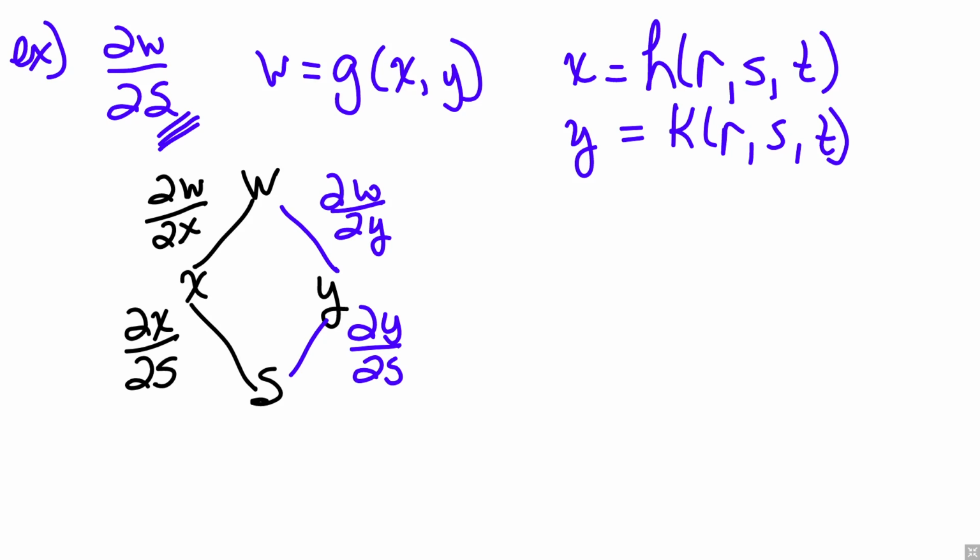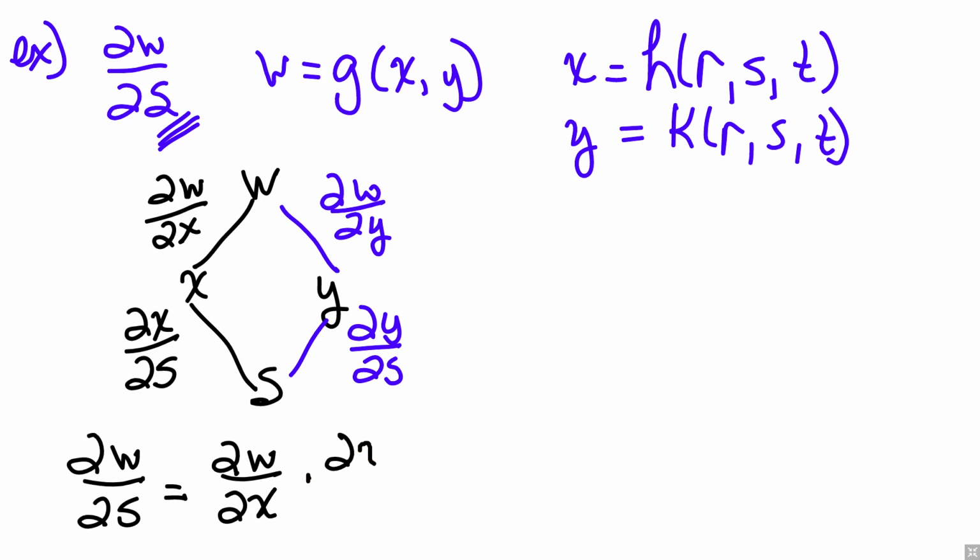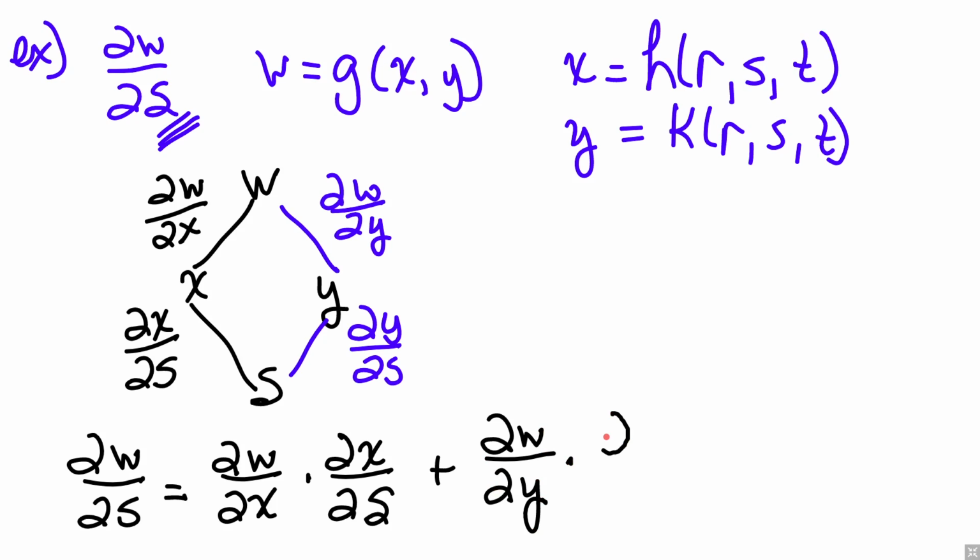So when we write out the formula for the partial of w in respect to s, it's going to be the partial of w in respect to x times the partial of x in respect to s plus the partial of w in respect to y times the partial of y in respect to s. Any questions?